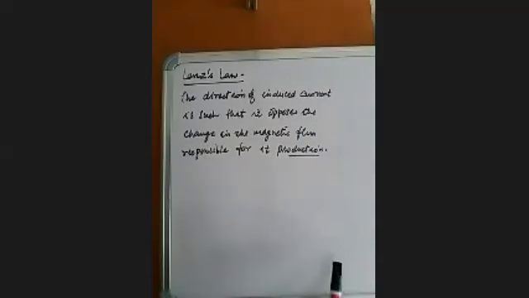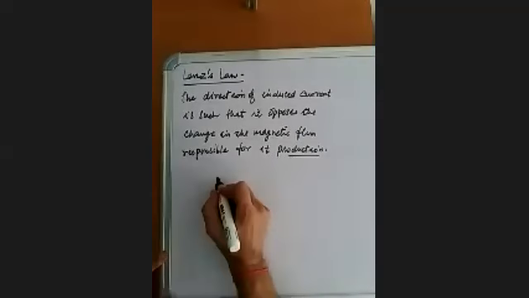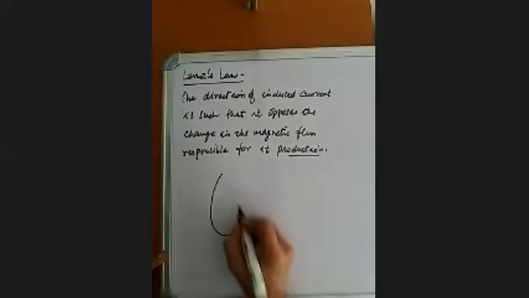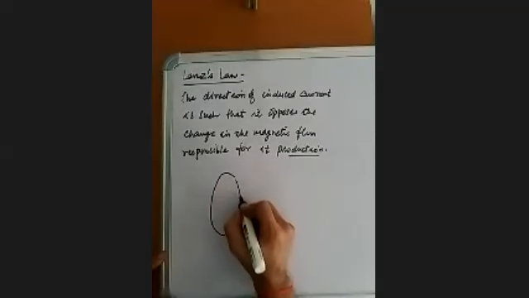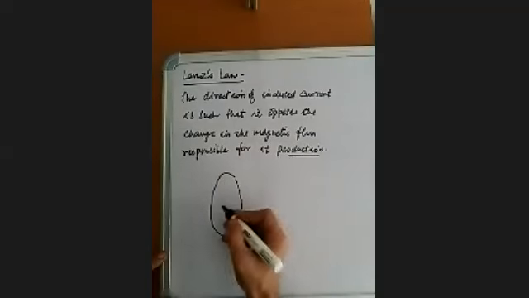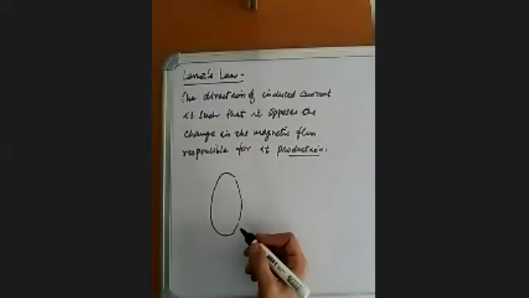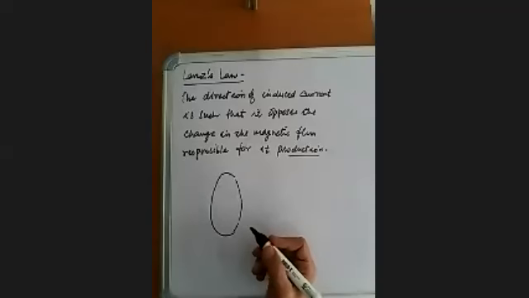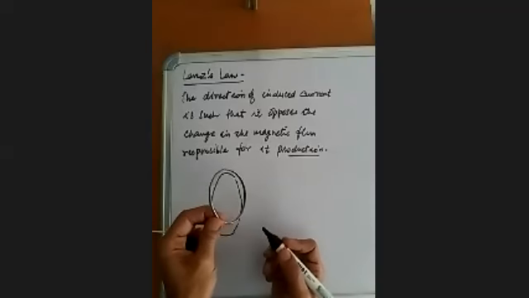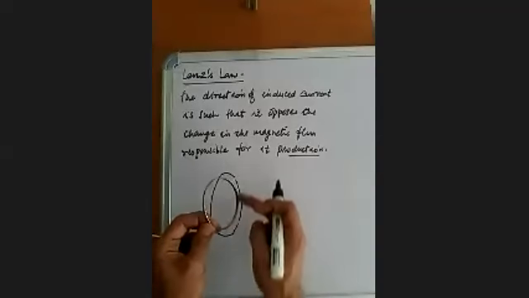Okay, so let us understand this better. Suppose we have this coil. This is the other end, this is this end, and the coil may look like this. So the coil is like this, and this is the back portion, this is the front portion.